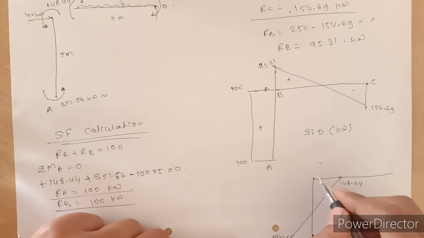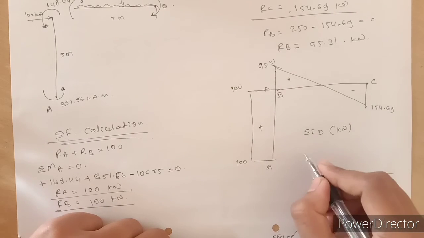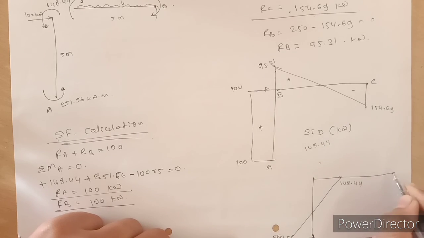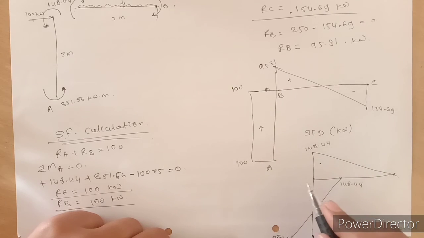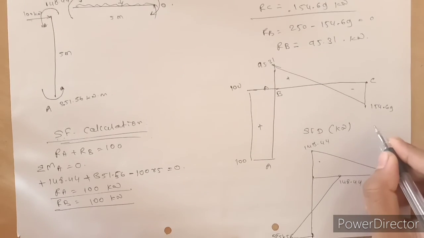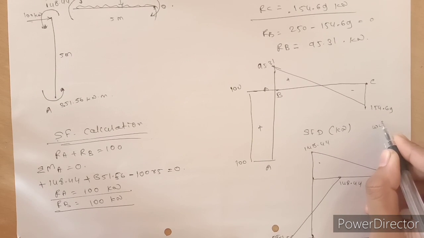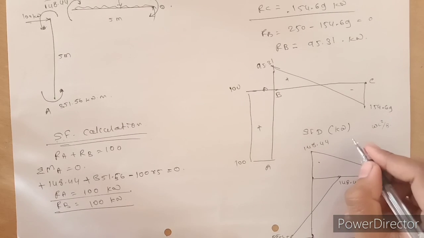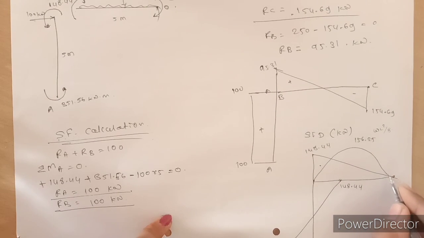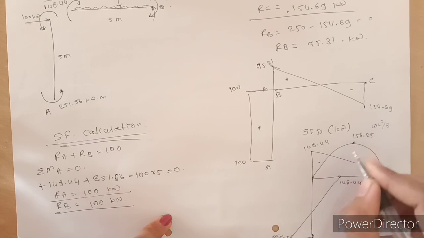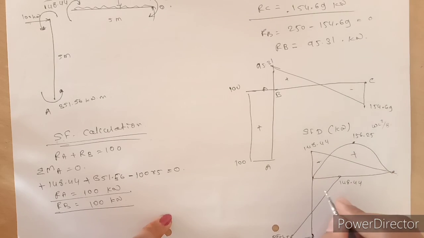Then the end moment at member BC is 148.44 and at point C is 0. Then over member BC, a 50 kilonewton per meter UDL acts. The formula is WL square by 8, so this value is 156.25. So this is our bending moment diagram, BMD in kilonewton meter.